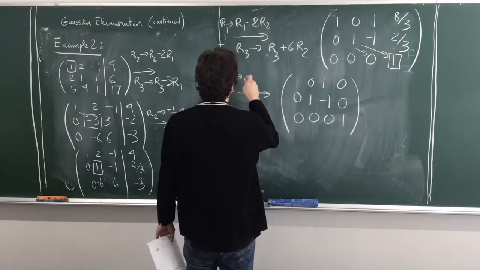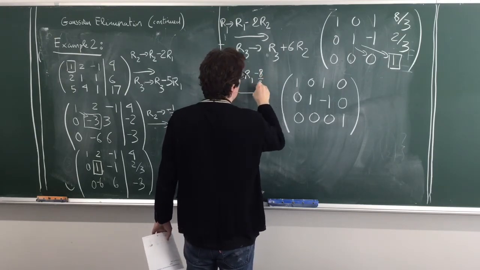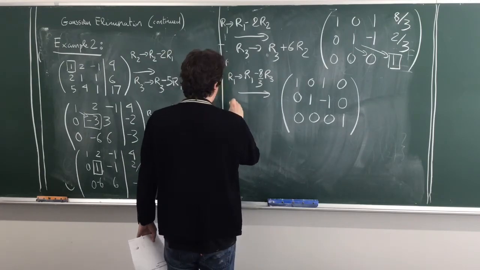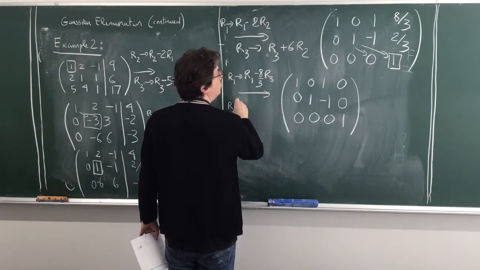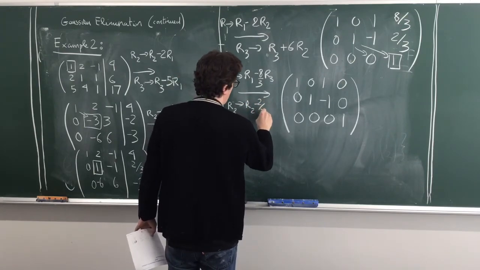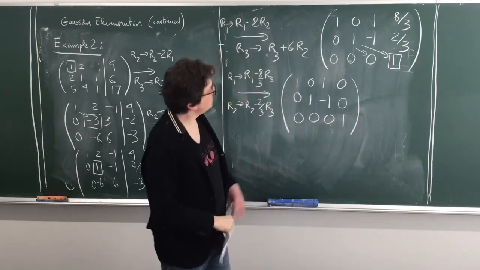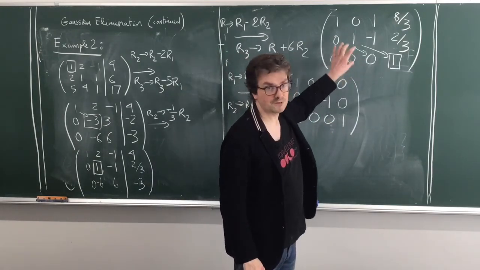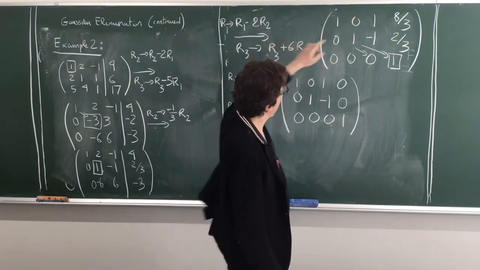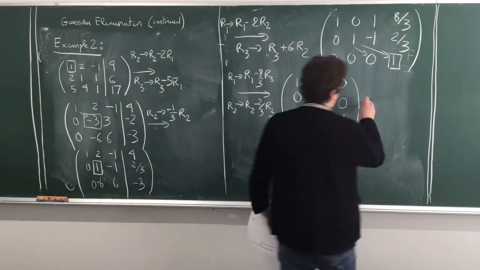I'm going to remove 8/3 of row 3. And I modify row 2: row 2 minus 2/3 of row 3. The result will be exactly this one. The reason is that here, here, and here you have zeros, so these three first entries are not modified, and these are replaced by 0. That's why you get this form. So this is REF.